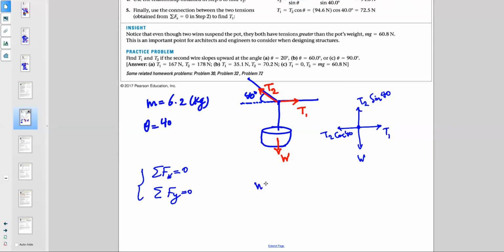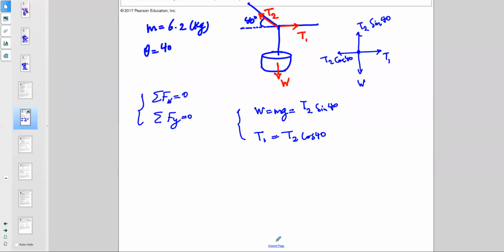So W, which is mg, should be equal to T2 sine 40, and T1 should be T2 cosine 40. These are the two things that I know. We have two unknowns and two equations.